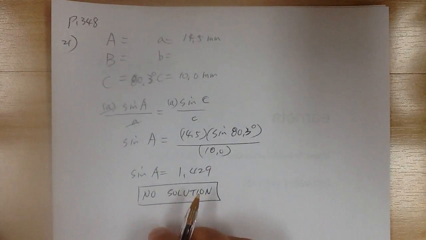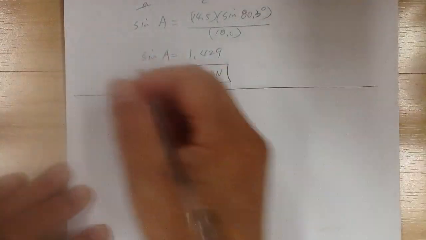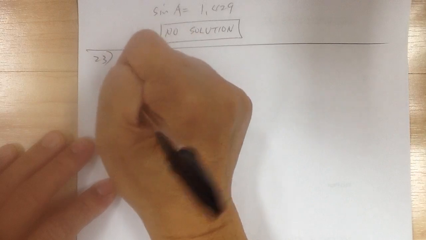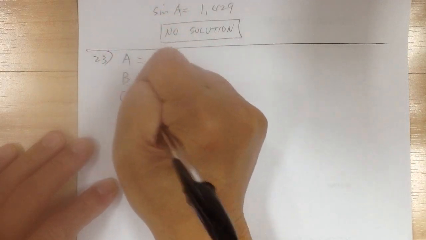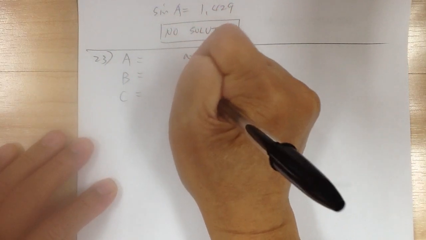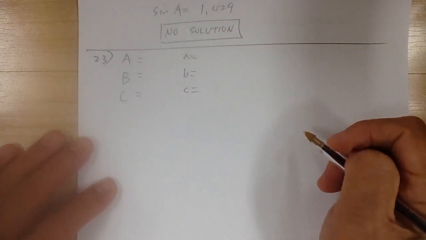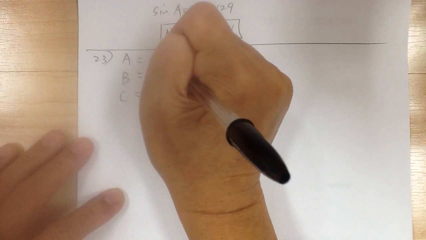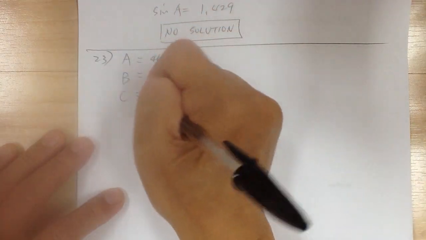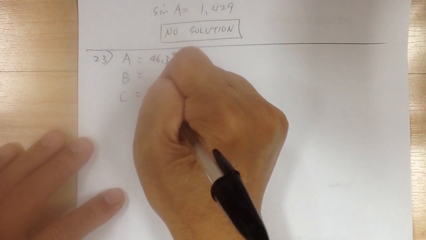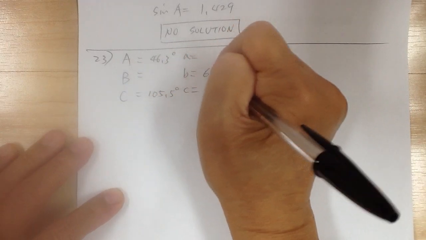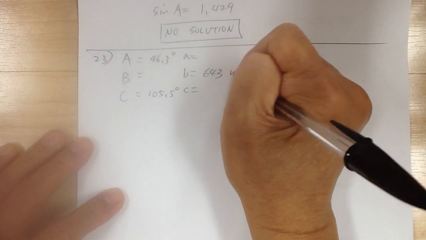Let's go to the next one, number 23. You can get your information together. Alpha is 46.3 and gamma is 105.5 degrees and B is 643 meters.